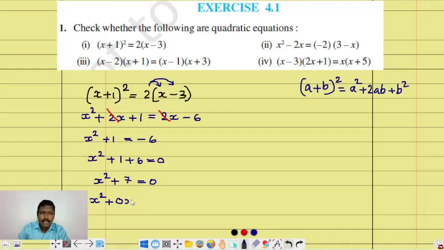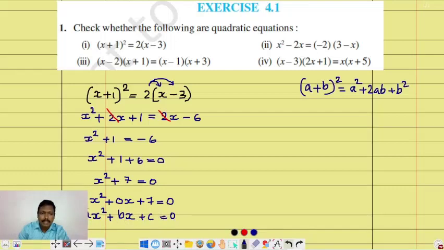The x term is not here, so we can write 0x plus 7 is equal to 0. Now check, this is in the form of ax squared plus bx plus c is equal to 0.